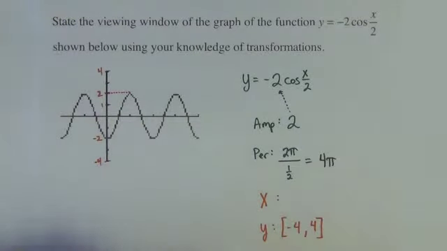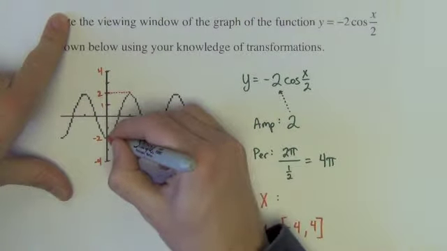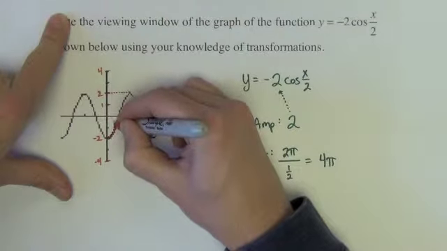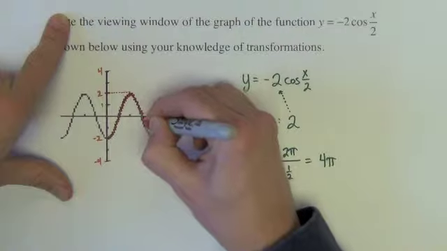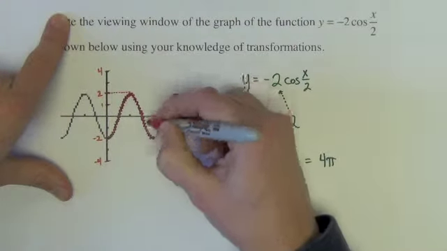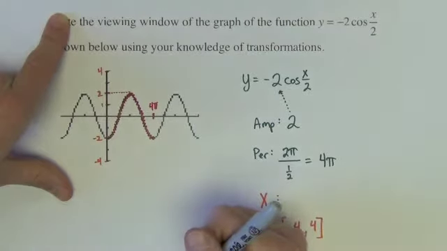Okay, so let's talk about the x. And to consider the x, we need to consider the period. Okay, period is 4 pi, so from this, I'll just kind of squiggle it in here so we can see it. Right there. That's 4 pi.